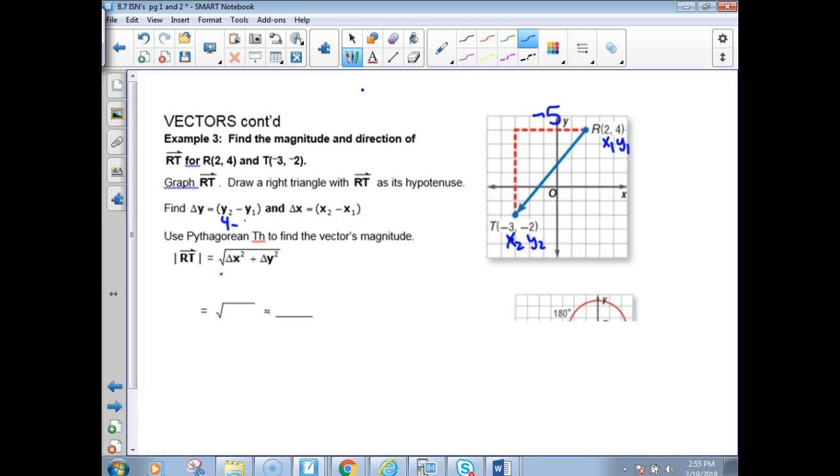And the x's would be 2 and -3, so 2 minus -3. I just did the x ones first, didn't I? I sure did. I've got to turn those around.